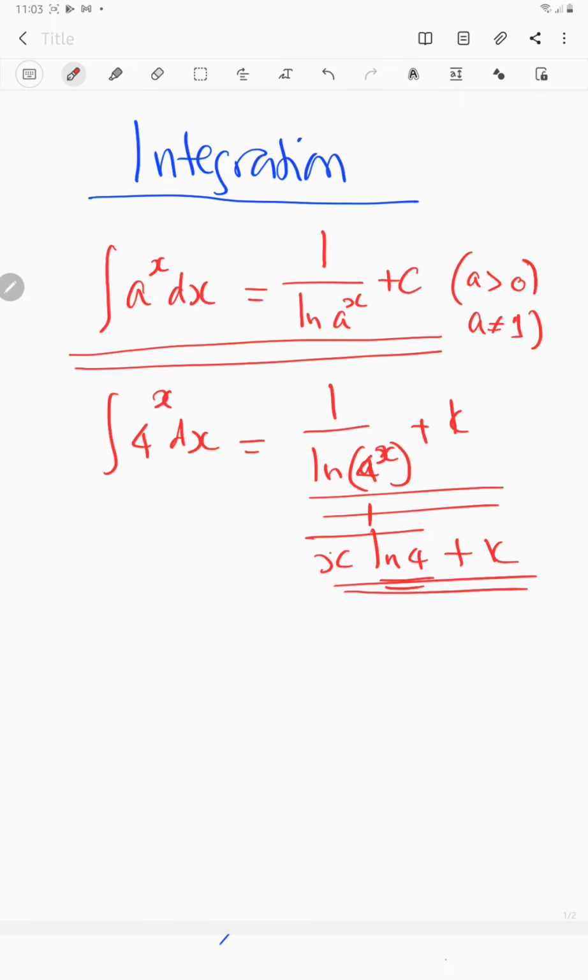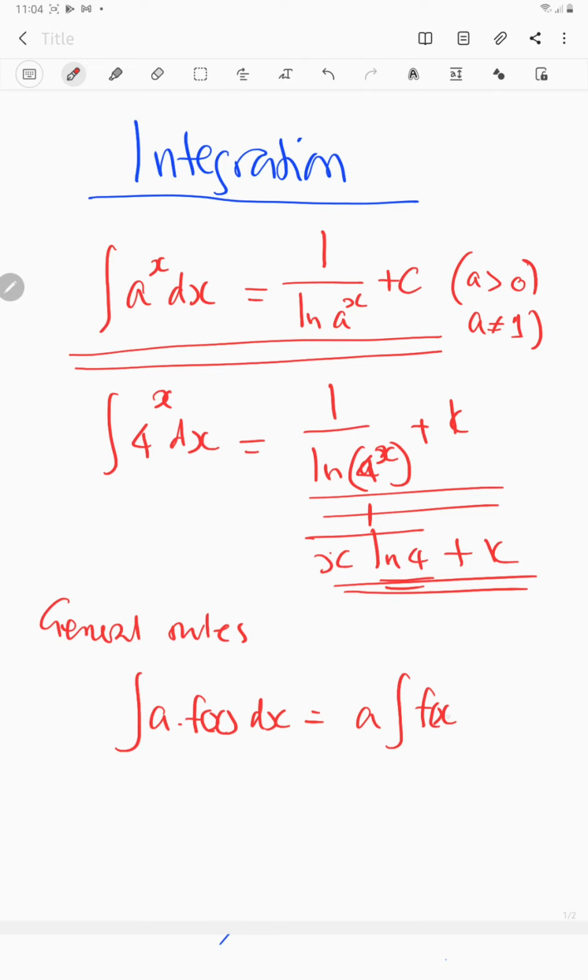Now, having done that, I will go into some general rules of integration. The integral of a times f(x) dx is the same as a times the integral of f(x) dx. So this is the first one.